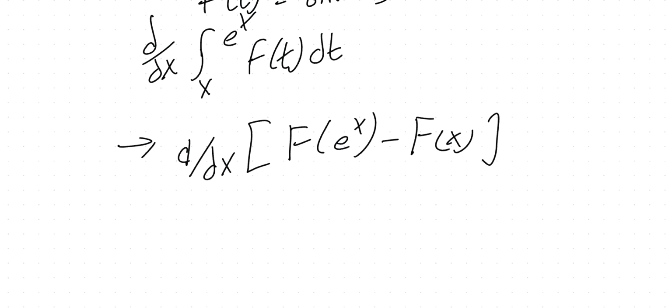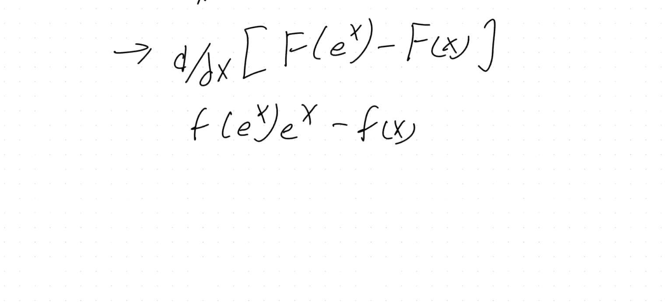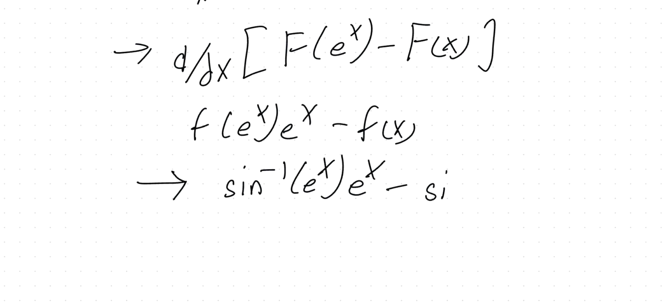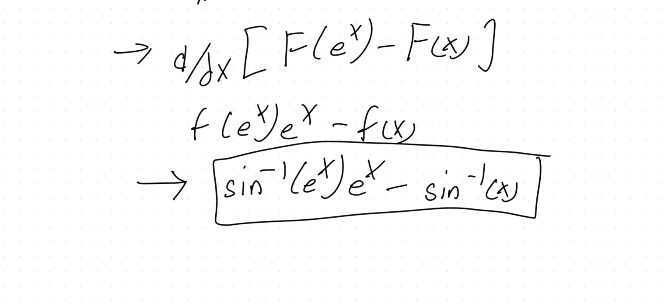Remember chain rule, d/dx times e to the x. Remember the derivative of e to the x is just e to the x. And this is just regular f of x like before. And then we get a value f of e to the x. That will be, I believe it's sine. Yeah, okay. It's going to be this. And that'll be your final answer.